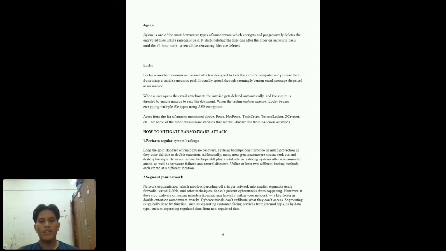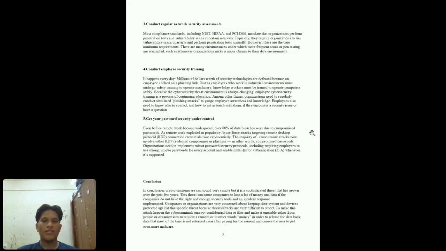Cyber criminals cannot exfiltrate what they cannot access. Segmentation is typically done by function, such as separating customer-facing services from internal apps, or by data type, such as separating regulated data from non-regulated data.